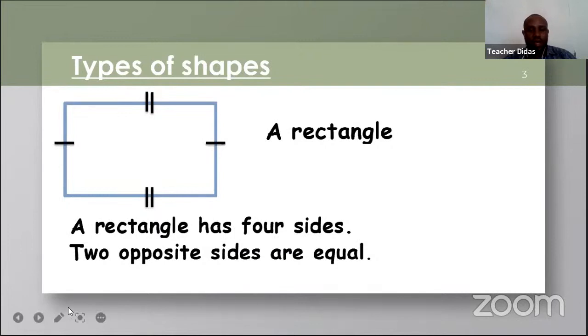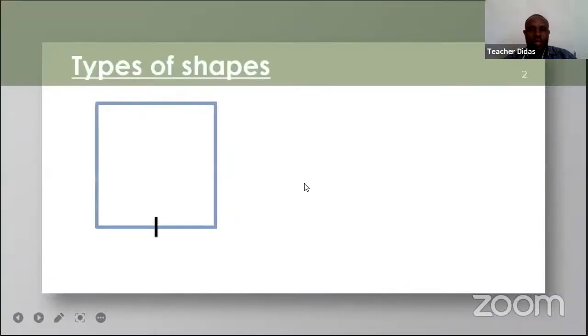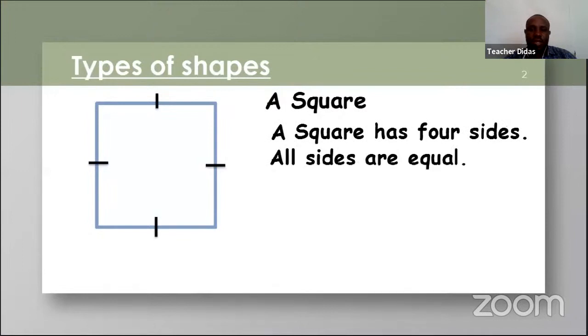Let's go back and have a look at the properties of a square. We had the properties of the square and they were here. We said that when you look at this square, all the sides are equal. A square has four sides and all the sides are equal. Simple like that.